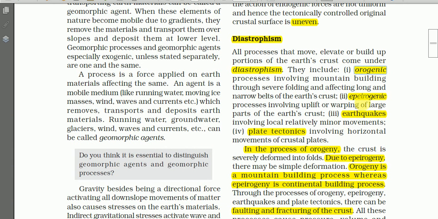And next we have the epirogenic processes. Epiros means continents. Epirogenic processes involve uplift or warping of a large part of the crust. So epirogenic movements involve uplift, meaning upward or downward movement of a large part of the crust.